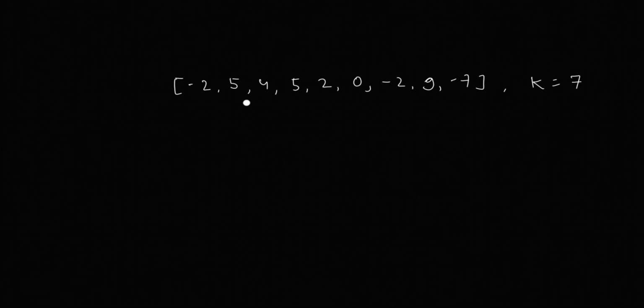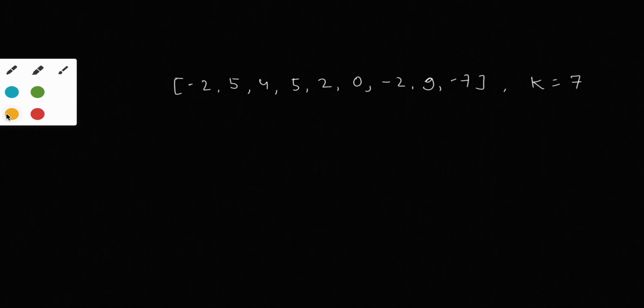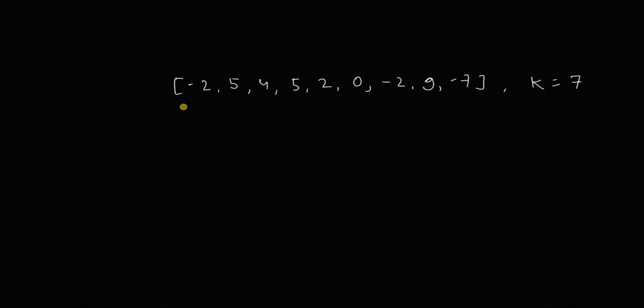Okay. And now if at every point I kept maintaining the sum from here to here, this point is -2. The sum from here to here is 3. The sum from this point to this point is 7, which is what we were looking for.